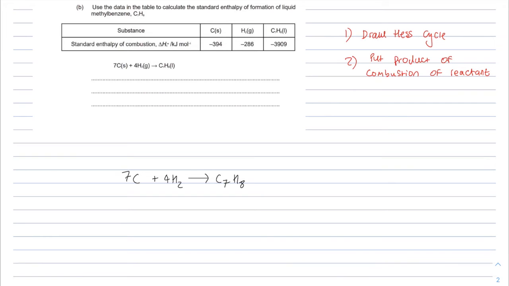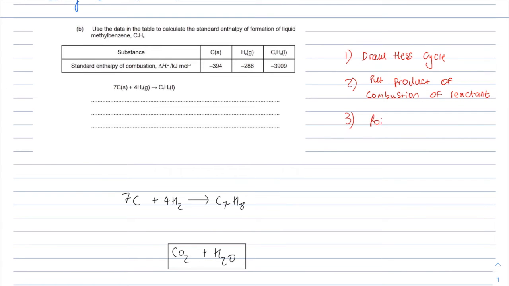So our reactants in this equation are carbon and hydrogen. So our products of the combustion are going to be carbon dioxide and water. Now, in combustion, we point the arrows downwards.